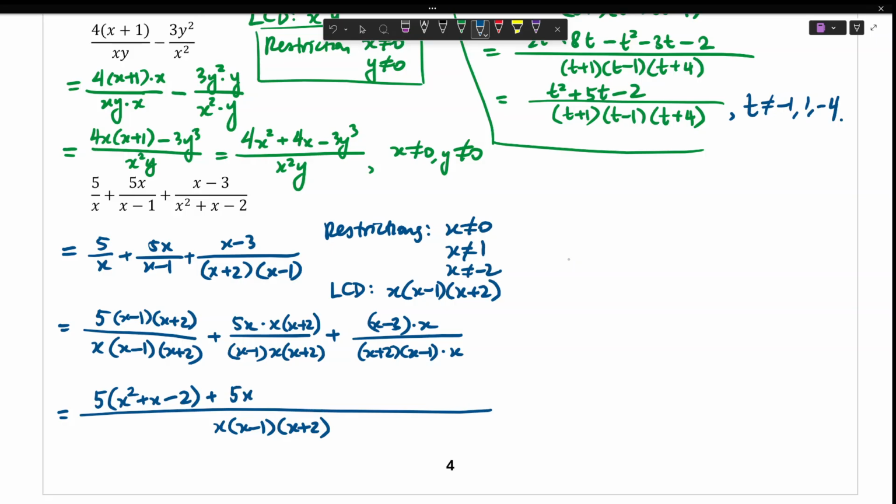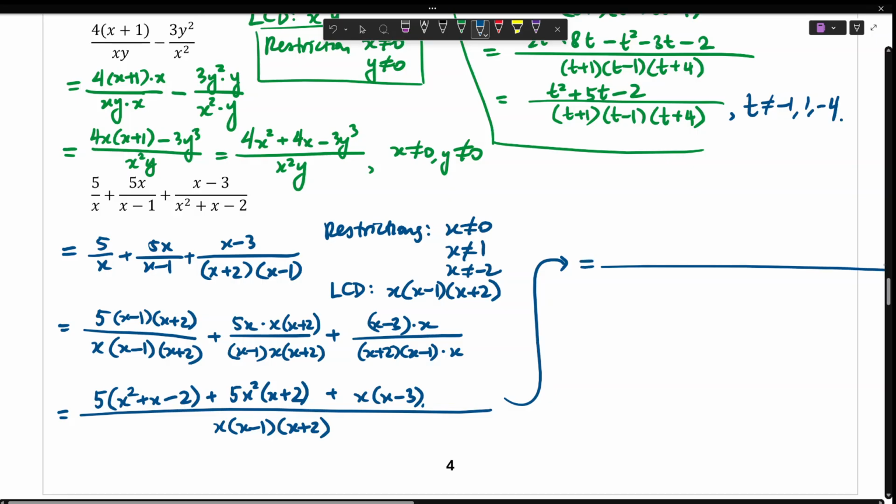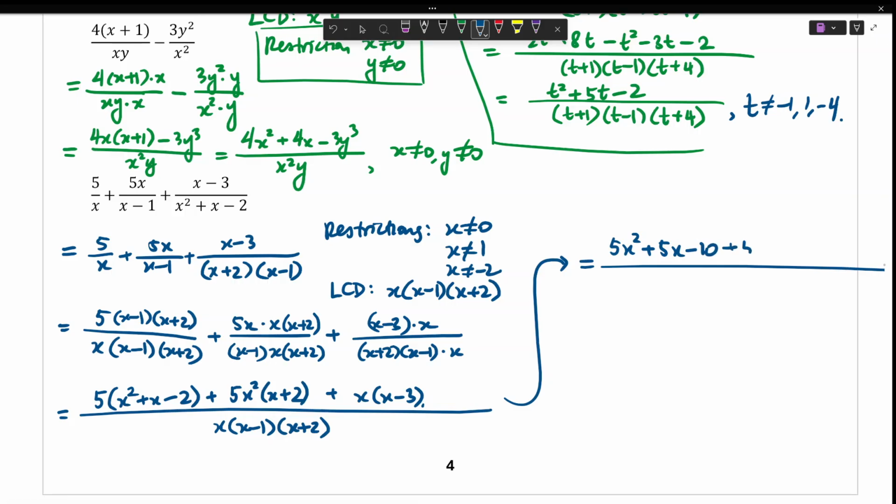Then this one is 5x squared times x plus 2. I'll expand that in a moment. This one's x times x minus 3. So when you expand it, you're going to get 5x squared plus 5x minus 10 plus 5x cubed plus 10x squared plus x squared minus 3x.